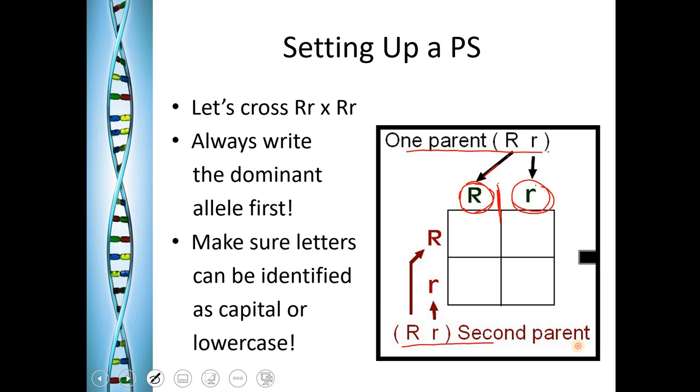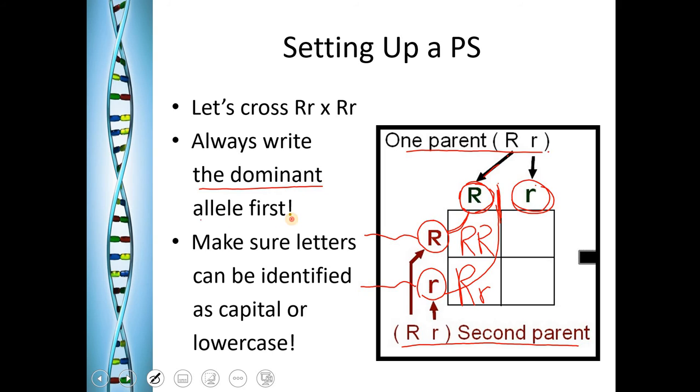The second parent gets written down the side. So this parent puts one R in the sperm and one R in the sperm. And then we're going to fill out our Punnett square to see what would happen if this egg and sperm came together. The offspring would have two dominant alleles. If this egg and sperm came together, the offspring would get one dominant and one recessive allele.